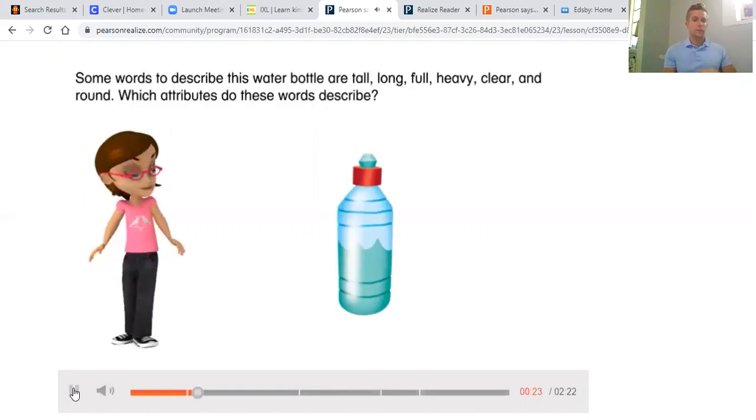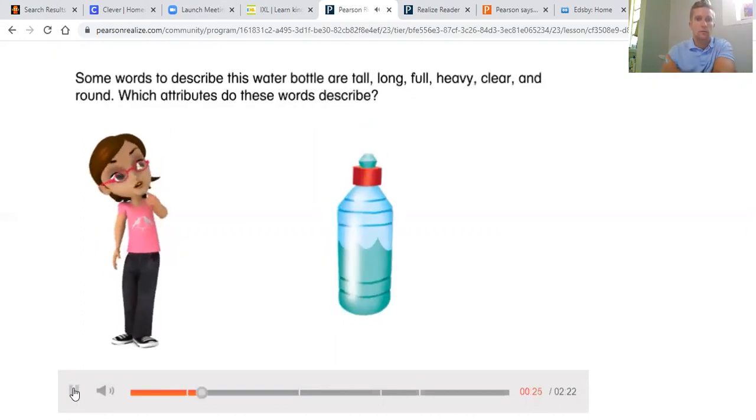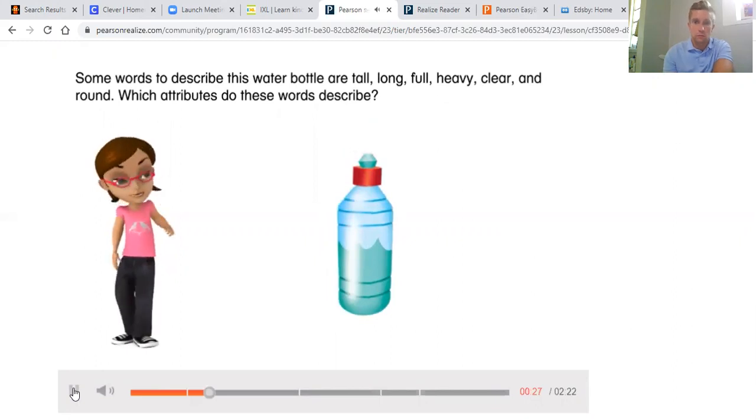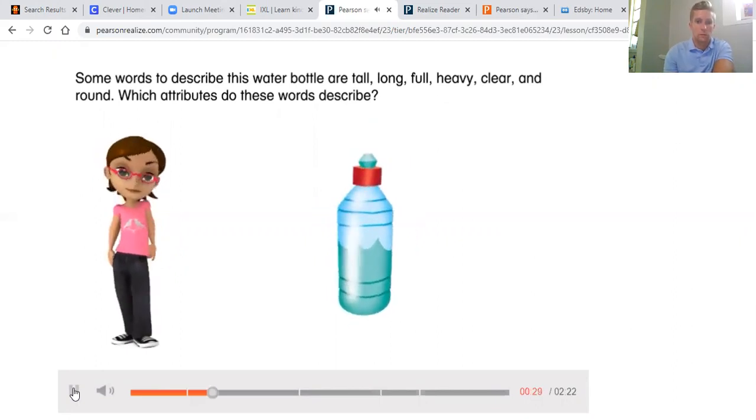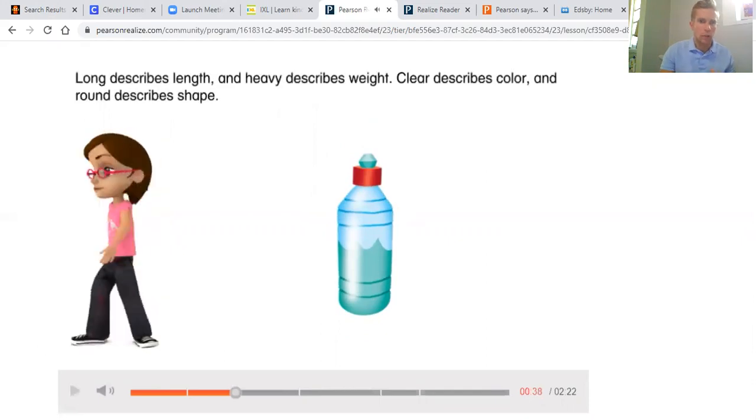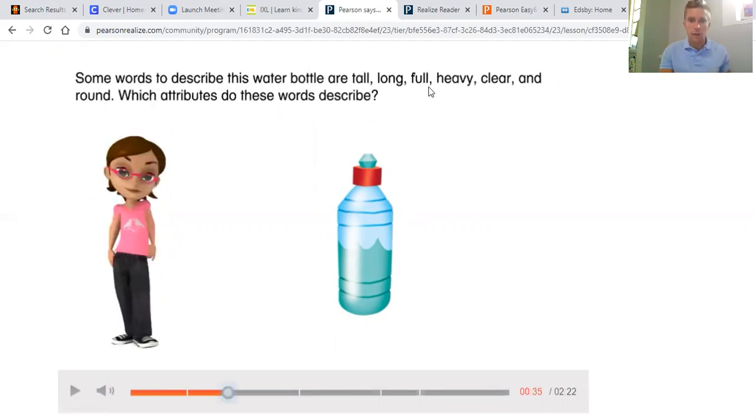Some words to describe this water bottle are tall, long, full, heavy, clear, and round. Which attributes do these words describe? So the word long is talking about the length. When they said heavy, I'm going to move back just a little bit here. Heavy is talking about the weight of it. Clear is talking about what?